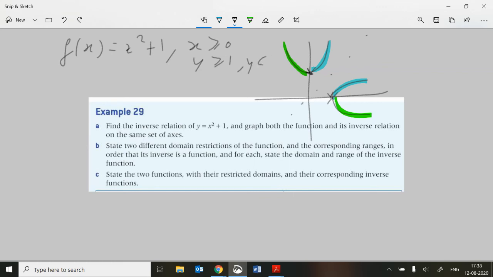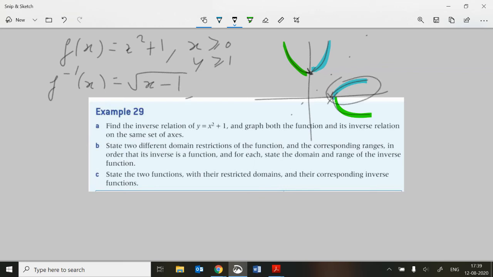Y is greater than or equal to 1 because we're only getting out heights greater than or equal to 1. So that's f of x, and f to the minus 1 of x under these conditions gives us the square root of x minus 1. Take away 1, square root is the undoing function.